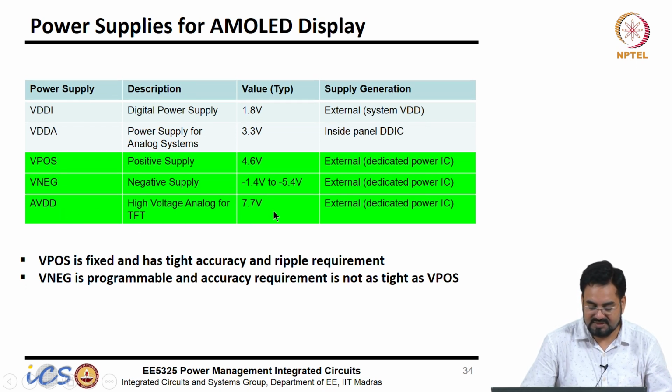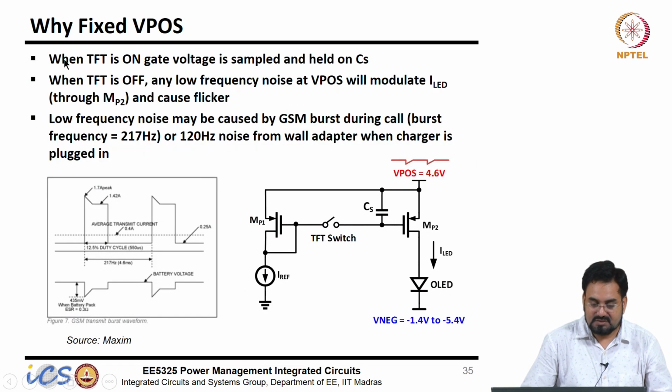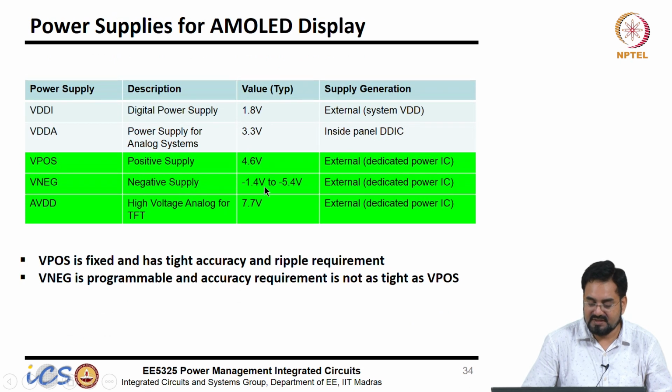And then 7.7 volts. So these three supplies, just like in LCD, are mostly external, and these two, 1.8 and 3.3, are part of your DDIC. This could be part of your PMIC, or it may be a dedicated power IC for this. So why do we require a fixed 4.6 voltage?